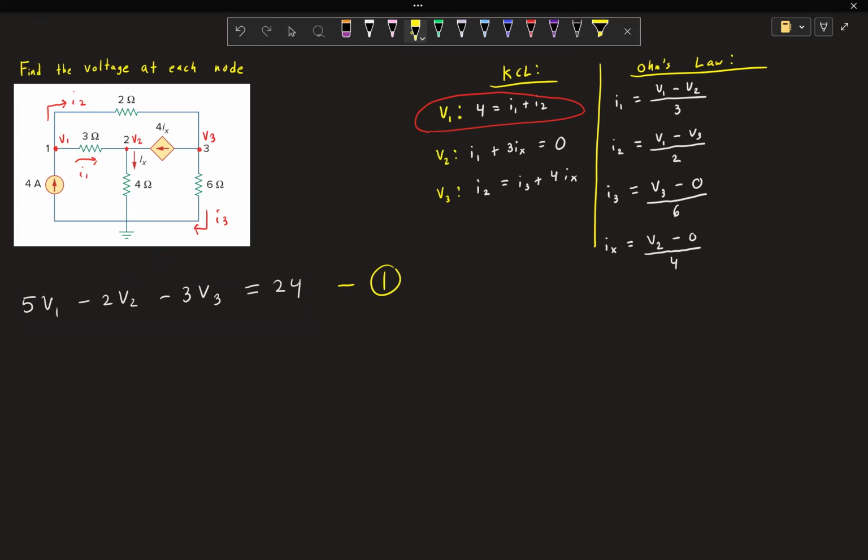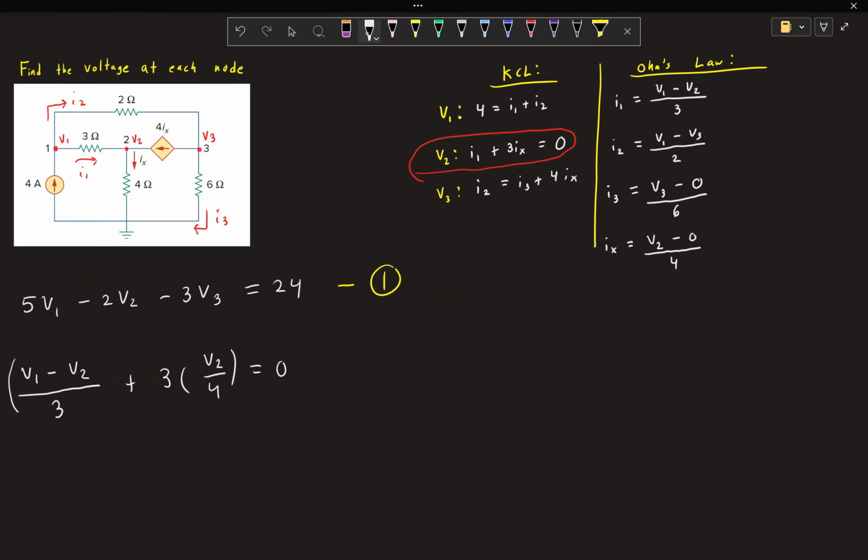Now we have 3 nodal voltages, so we're going to need 3 equations to solve for 3 unknowns, which is perfect because now we're going to find the second equation. So we're going to plug into this V2 KCL. I1 is V2 over 3 plus 3 times Ix, which is just V2 over 4, equals 0.